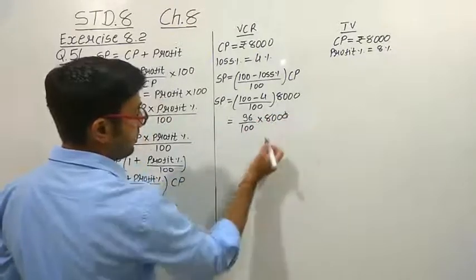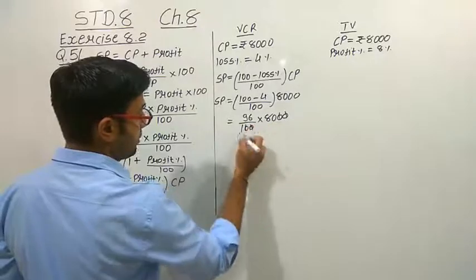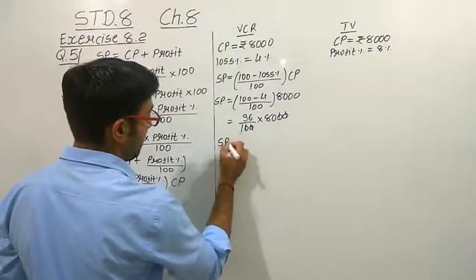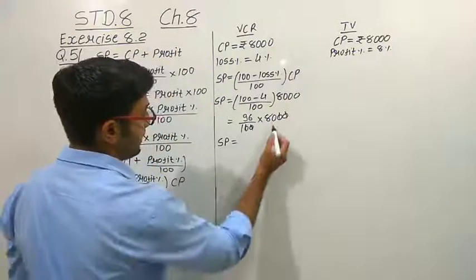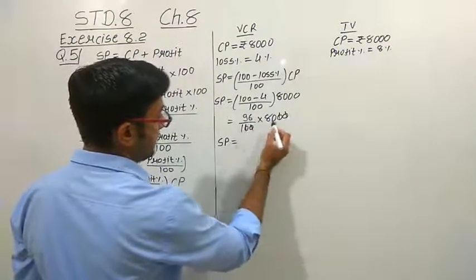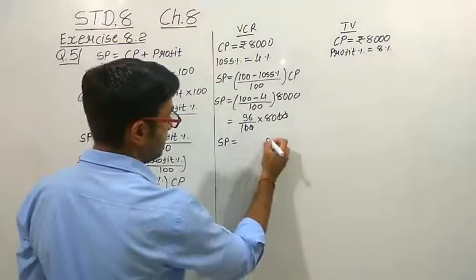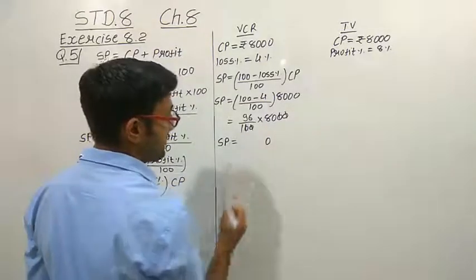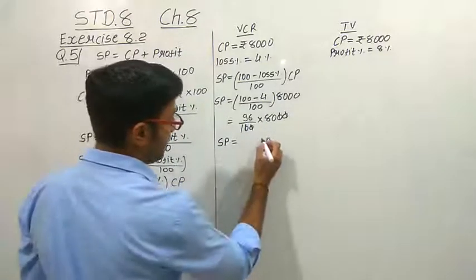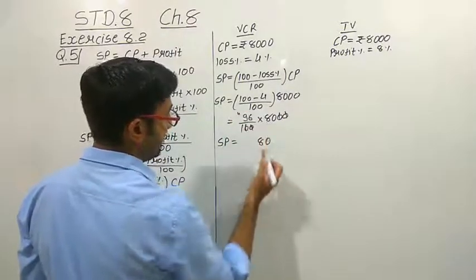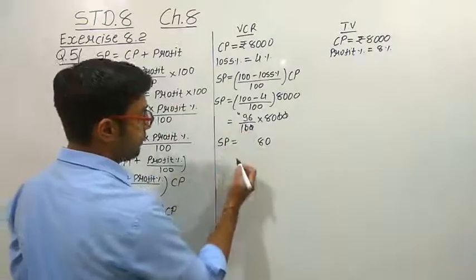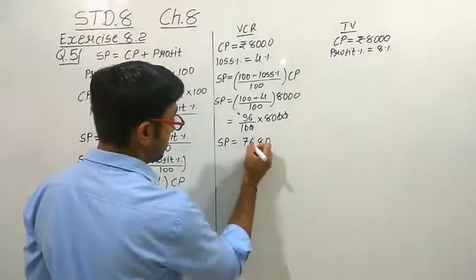Okay. Now we can cut this 0 with this 0, this 0 with this 0. Okay. Now the selling price here, what will be the selling price? We have to multiply this 96 with the 80. So let us put 0 here. 8 6s are 48. 8 is here, 4 is the carry. 8 9s are 72. 72 plus 4, 76.